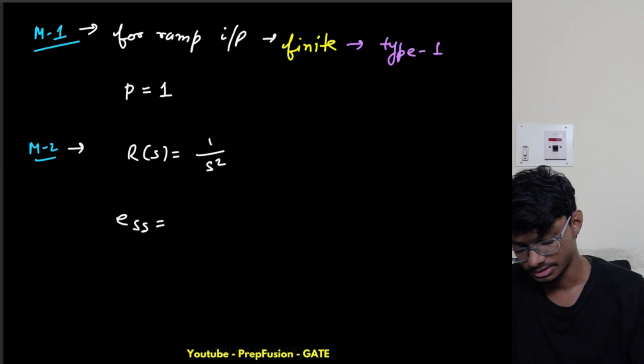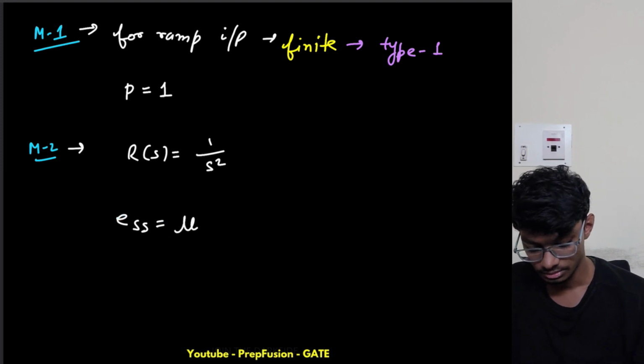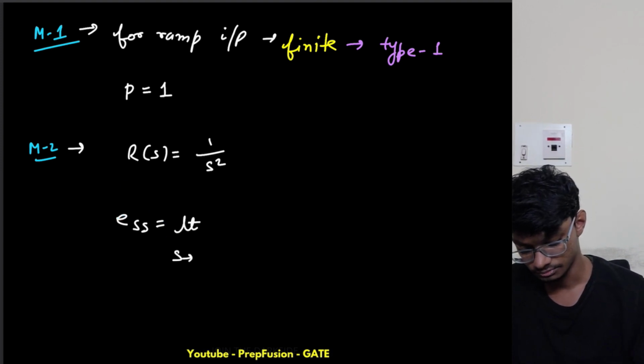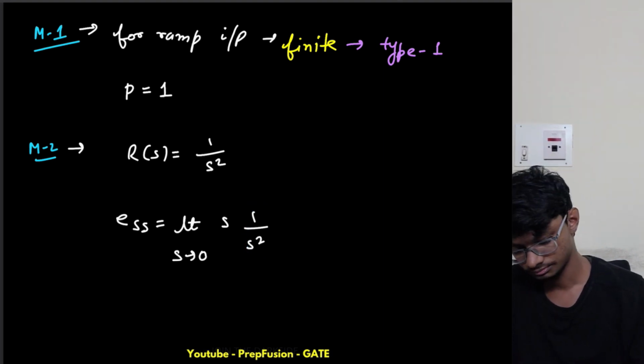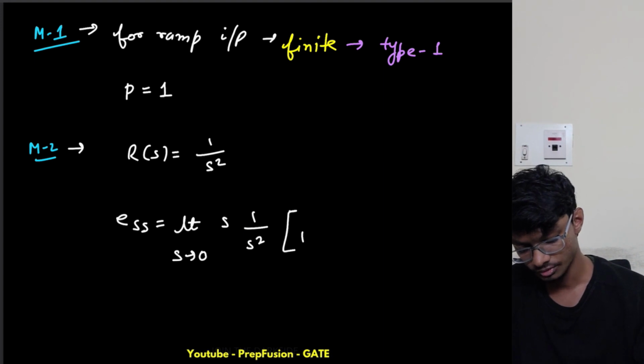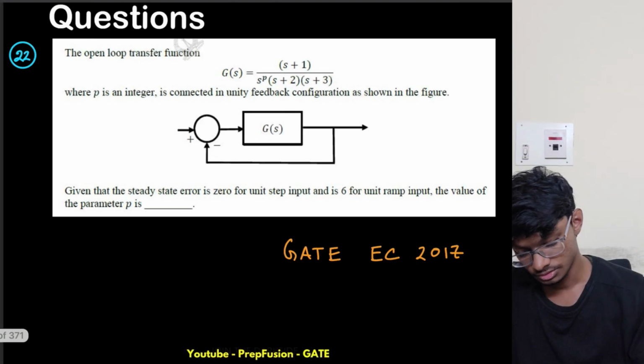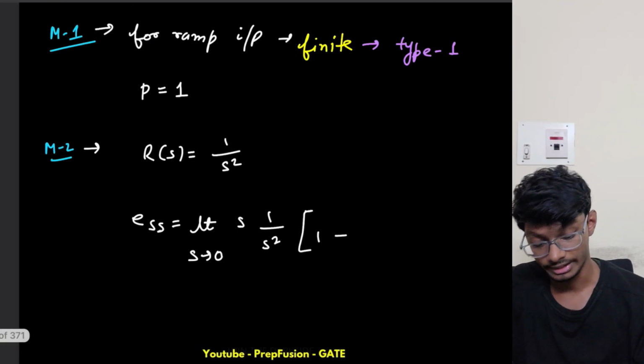So what will my steady state error be? My steady state error will be limit s tending to 0, s into 1 by s square, and then one minus simply the transfer function, right? G of s has been given, so I can write that formula now.